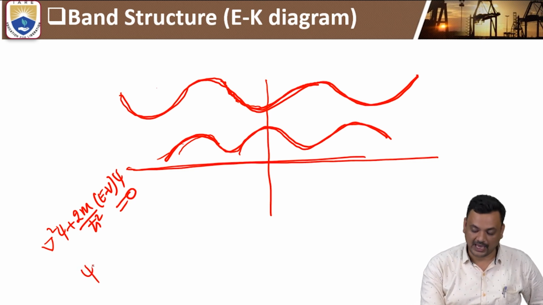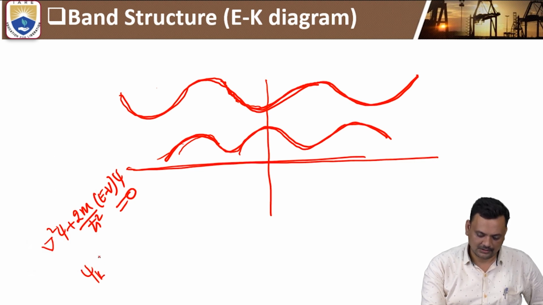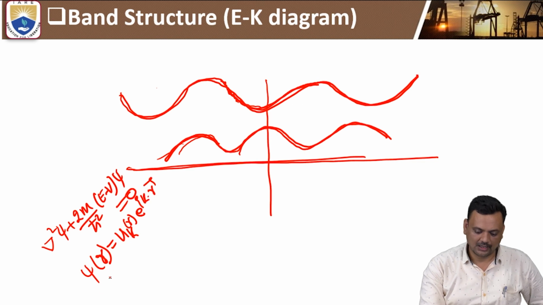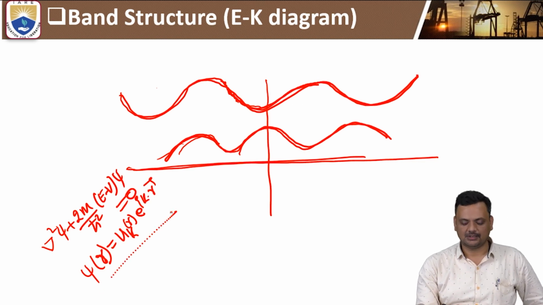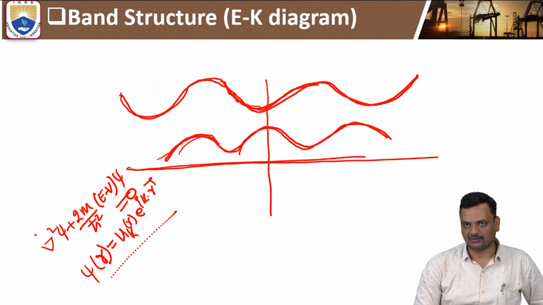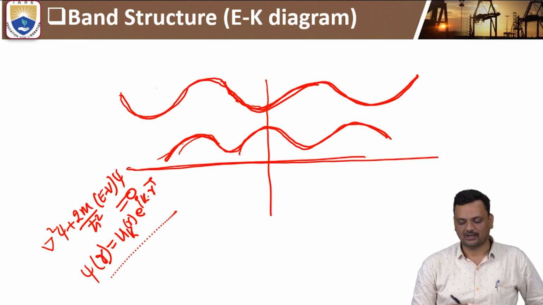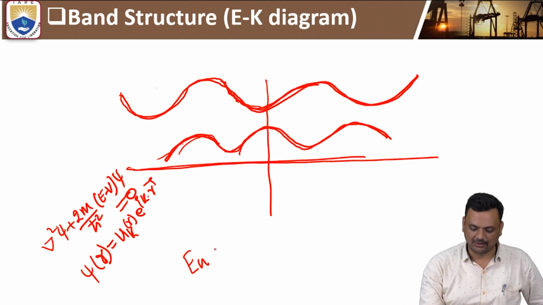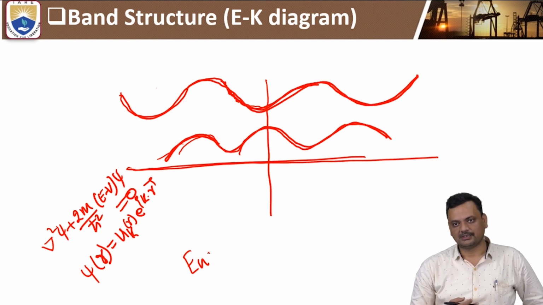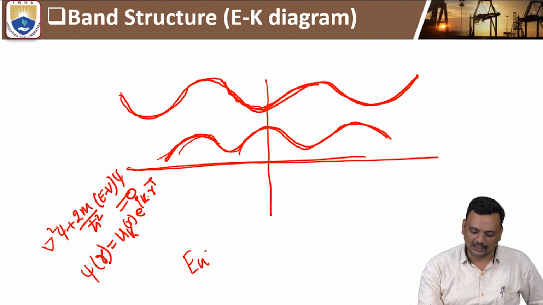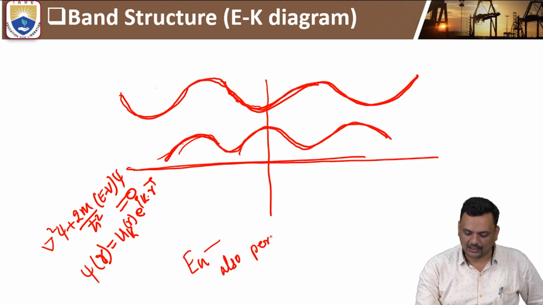The wave function which has periodicity, psi_k(r) equal to u_k(r) e to the power i k dot r. If such a wave function is used in this Schrodinger equation, then after solving it you will get the allowed energy eigenvalue, and this energy eigenvalue is also periodic in nature.